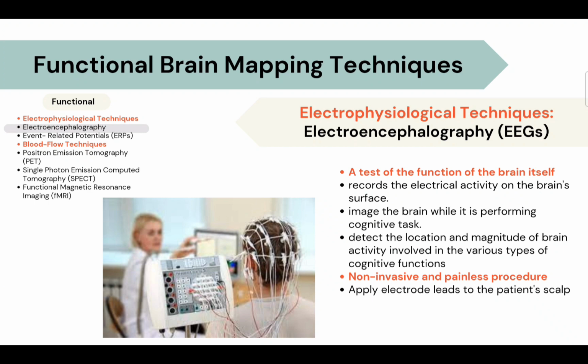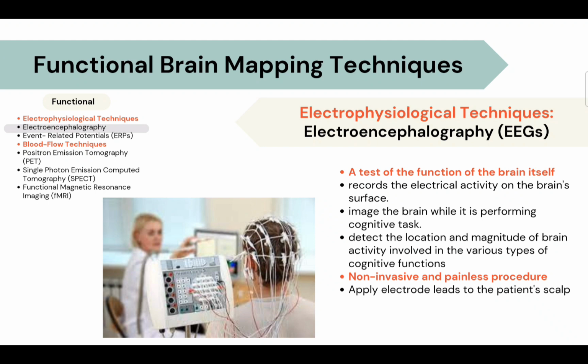So we don't have to lie and go through the MRI scanner or the CT scanner, but the EEG will be worn by the patient on their scalp, and the electrical activity on the brain will be recorded. So electrophysiological techniques, as you can see, are about electrical activity on the brain.